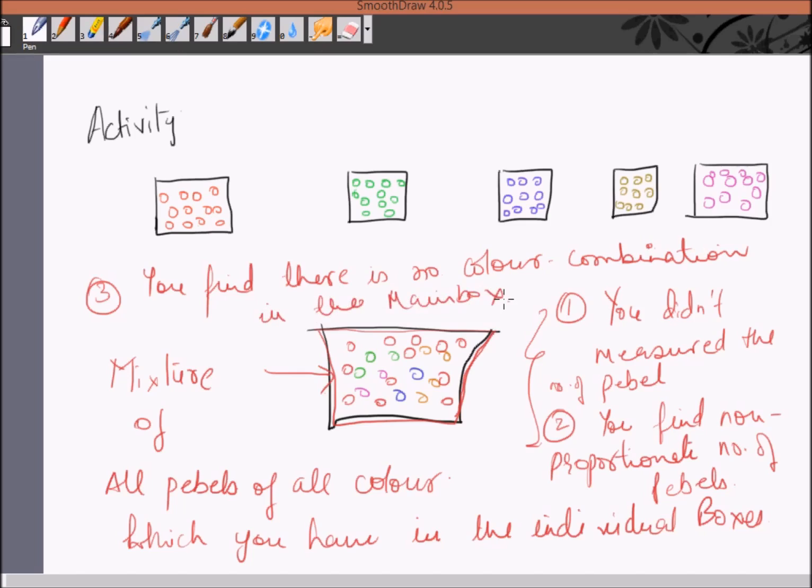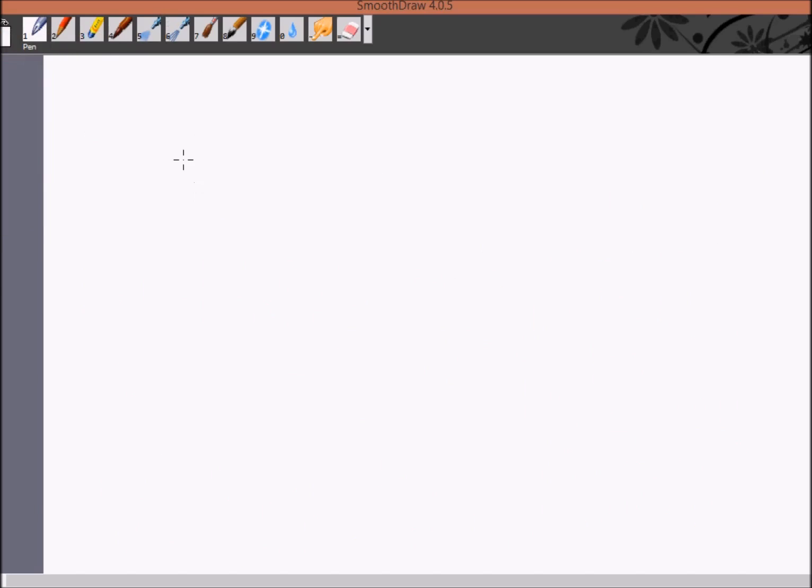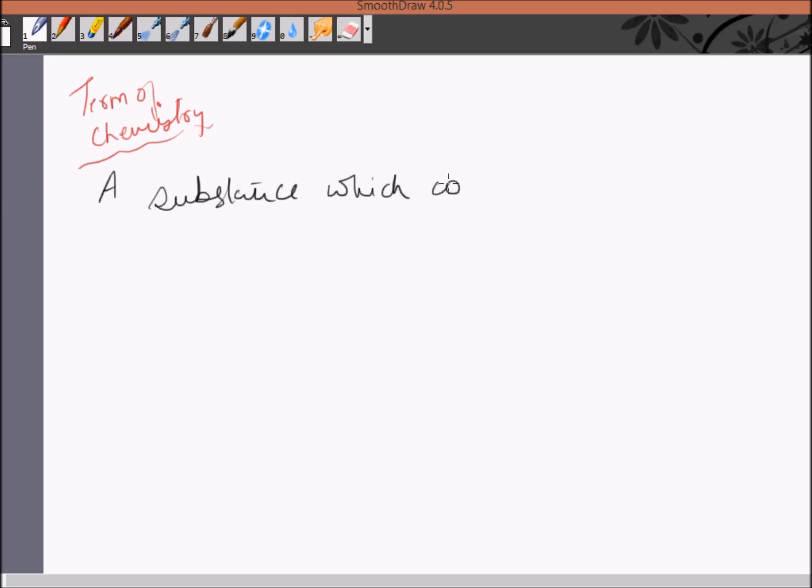So now, if we want to define chemically what a mixture would be, in terms of chemistry, it would be a substance which contains two or more elements or compounds.